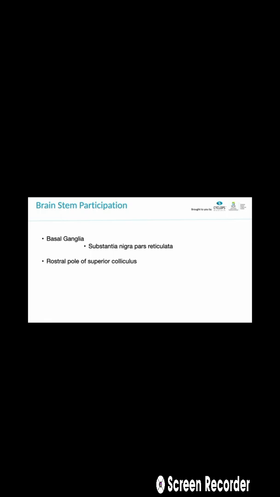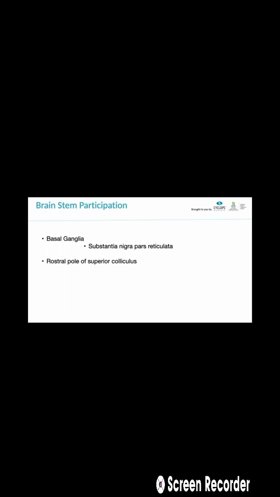Actually, basal ganglia does not come under brainstem, but I have included it here for the sake of memory. In the basal ganglia, particularly the substantia nigra pars reticulata, and the rostral pole of the superior colliculus, at the level of the midbrain, are also involved in fixation.